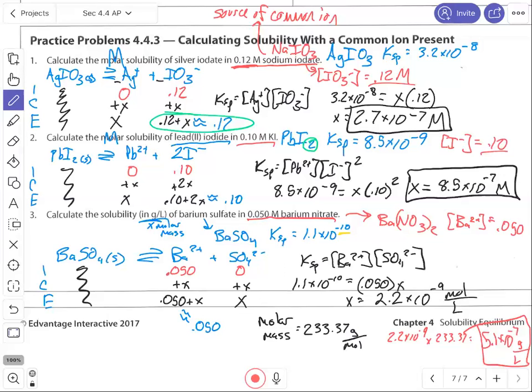Yes. I was working too fast. I dropped the actual value, the 0.05. I just had x squared, and I was like, this is not what I got. Yeah, that would just solve the regular solubility, not the solubility in the common ion. Cool.